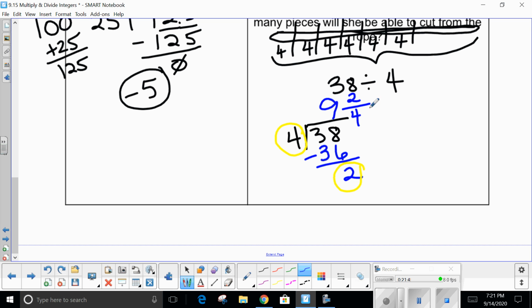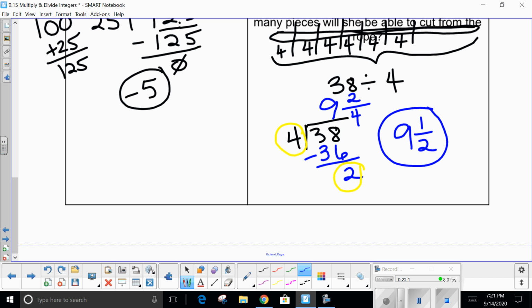Now 2 over 4 is easy, because 2 is half of 4. So my answer would be 9 and 1/2. I come up here and see that this is positive and positive, so that's just normal math. We know the answer has to be positive because we don't have any negative signs.